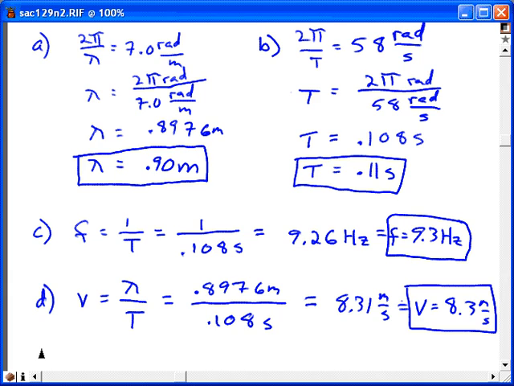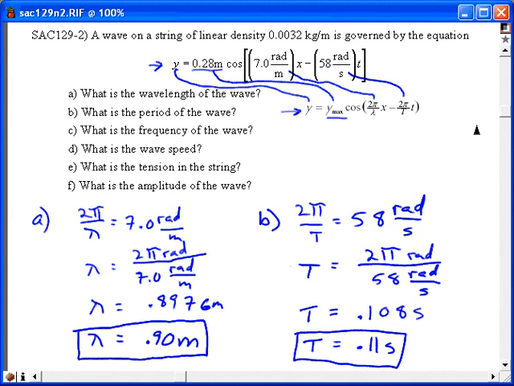Okay, next, part E. They want us to find what's the tension in the string. So we've got a wave on a string, and we've been able to get the wavelength, the frequency, the period.